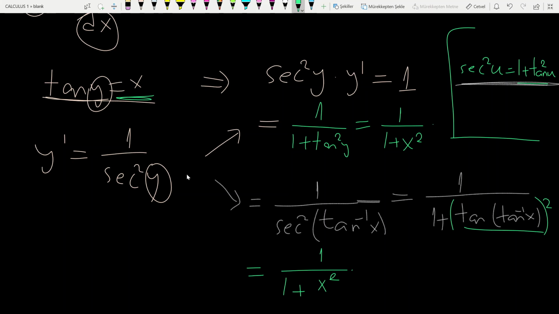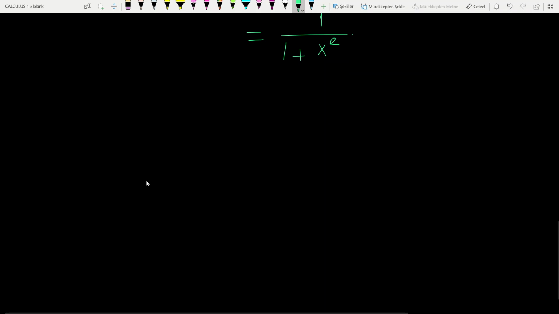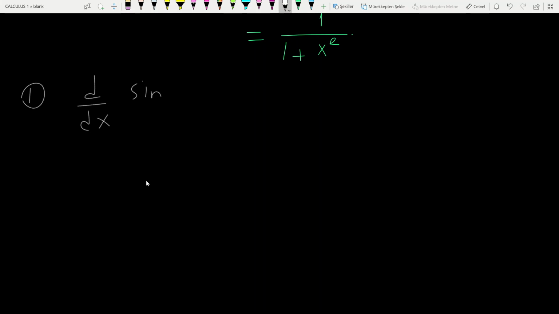So what about other trigonometric functions? What about derivatives of other trigonometric functions? I want to summarize derivatives of all trigonometric functions. The first one, the derivative of inverse sine u.